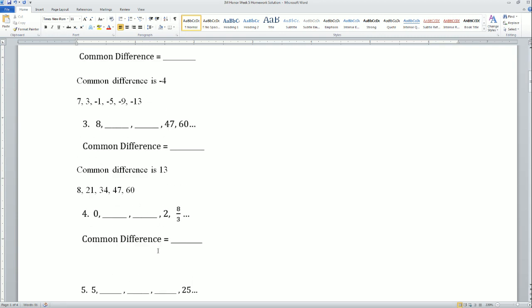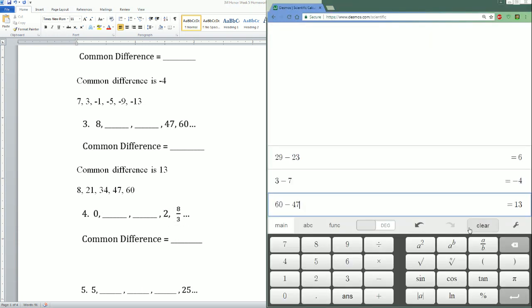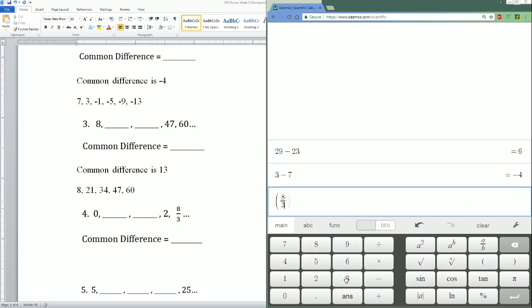Matches up identically. Next, same process, right? You're subtracting. So let's put this in parentheses, 8 divided by 3. Close the parentheses. Subtract that from the previous term. 0.66666666.